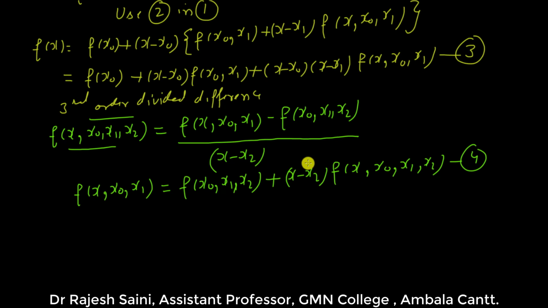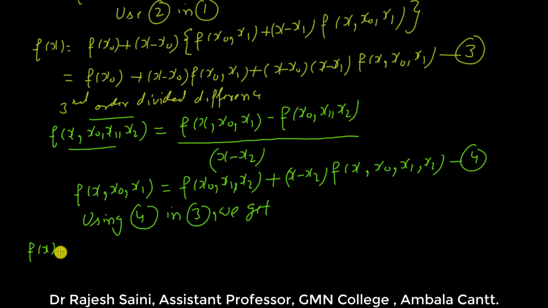Now you are going to use 4 in 3. Using 4 in 3, we get f of x is equal to f of x naught plus x minus x naught f of x naught, x1 plus x minus x naught, x minus x1.